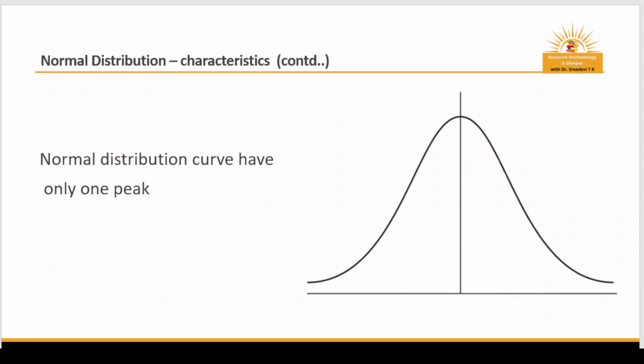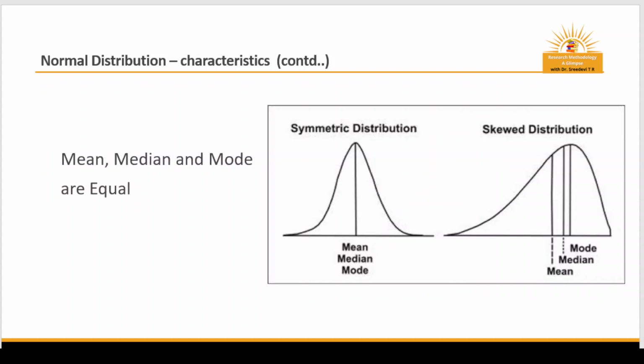Then the normal distribution curve has only one peak. It is unimodal. Another characteristic is that mean, median and mode are equal. The midpoint of the normal distribution is the point with maximum frequency.